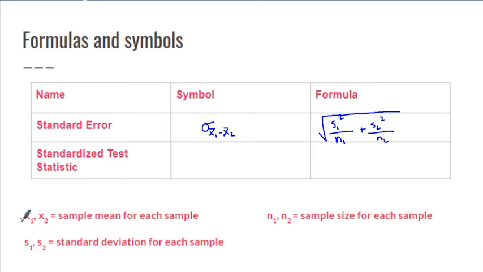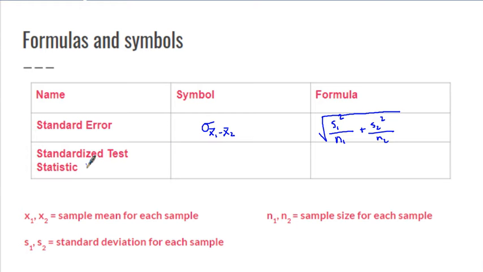All right, and I gave you, again, a key down here for what the different symbols mean. All right, so S1 and S2 are standard deviations for each sample, again, given to you in the problem. N1 and N2 is our sample size for each sample.